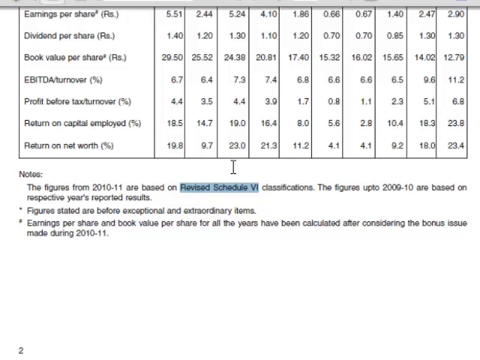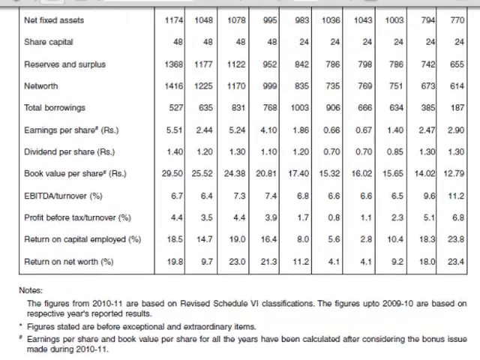However, all reports after that would be revised schedule 6. Figures stated are before exceptional extraordinary items. Earning per share and book value per share for all the years have been calculated after considering bonus issue made in 2010 and 11.